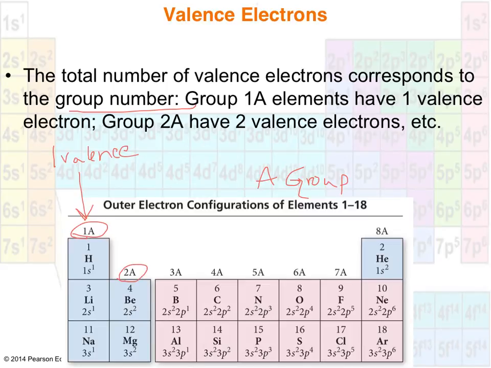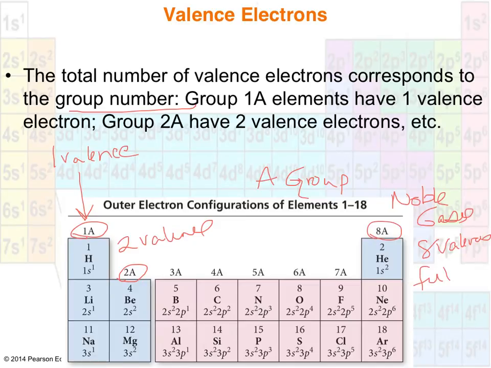Elements in group 2A have 2 valence electrons, okay, and onward. Noble gases that are in group 8A have 8 valence electrons, which is considered a full outer shell, which makes an element very, very stable, which is why the noble gases are not very reactive.